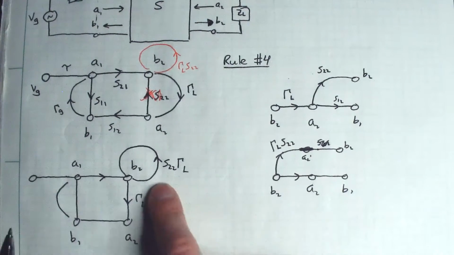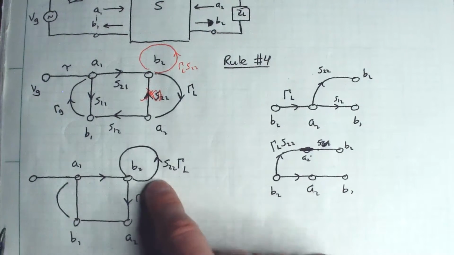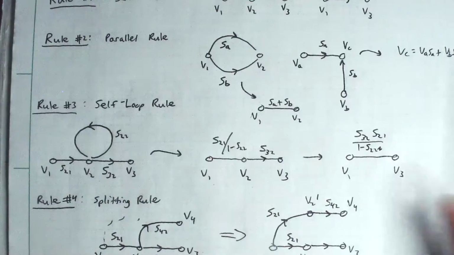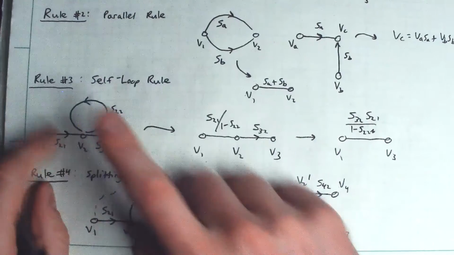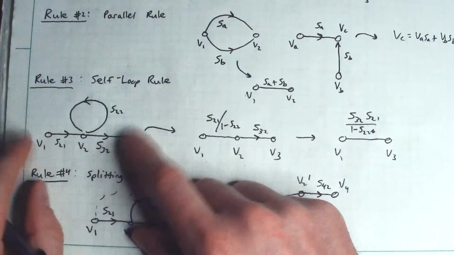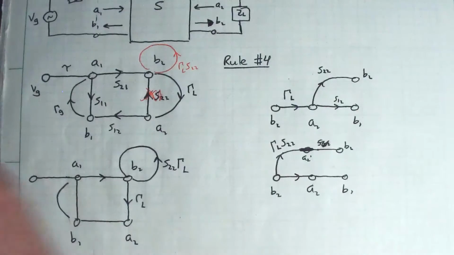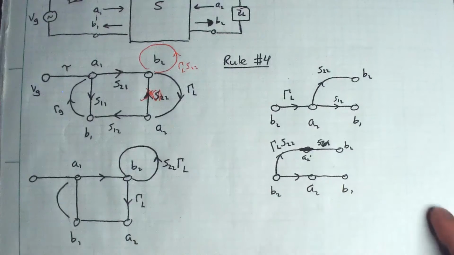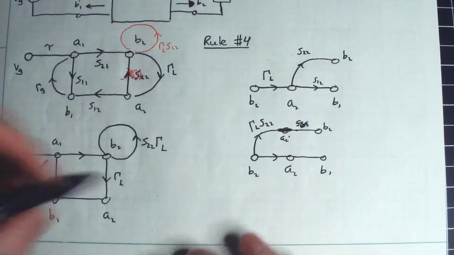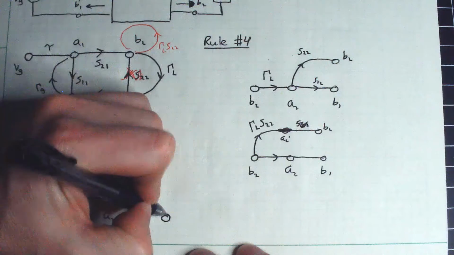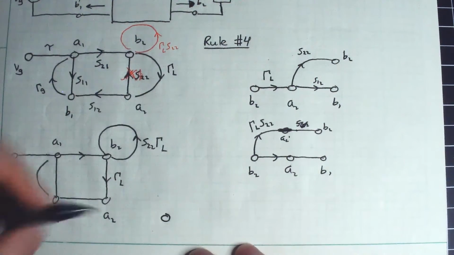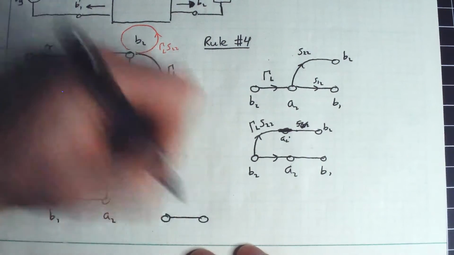So now you notice this little self loop here, which if we look at our little decomposition rules, this guy here should now jump at us very, very loudly. So let's go ahead and draw that down here. So what I basically have is A1 feeding into B2.